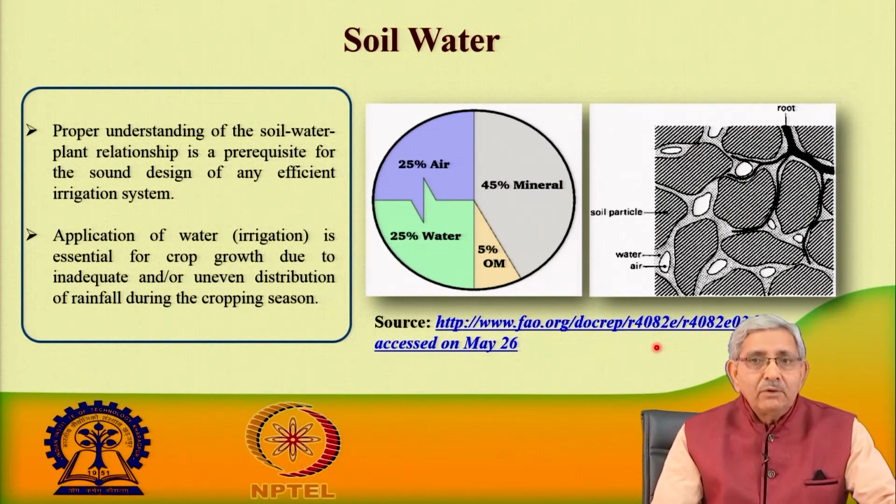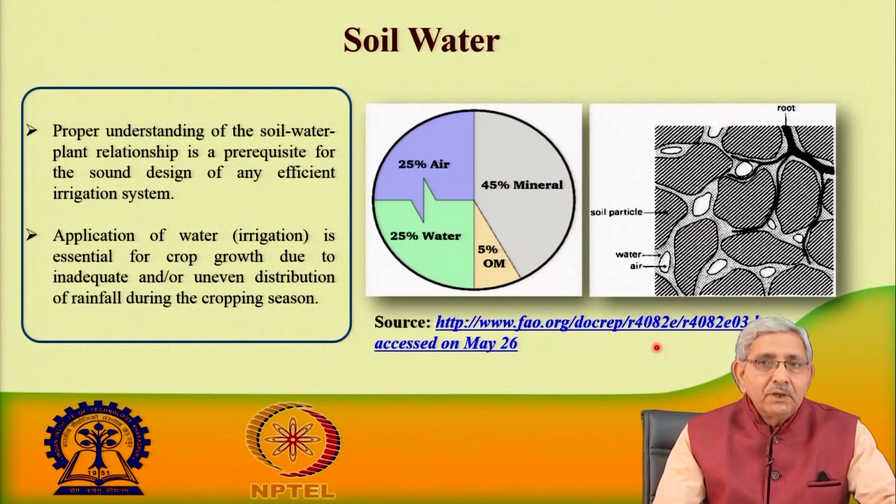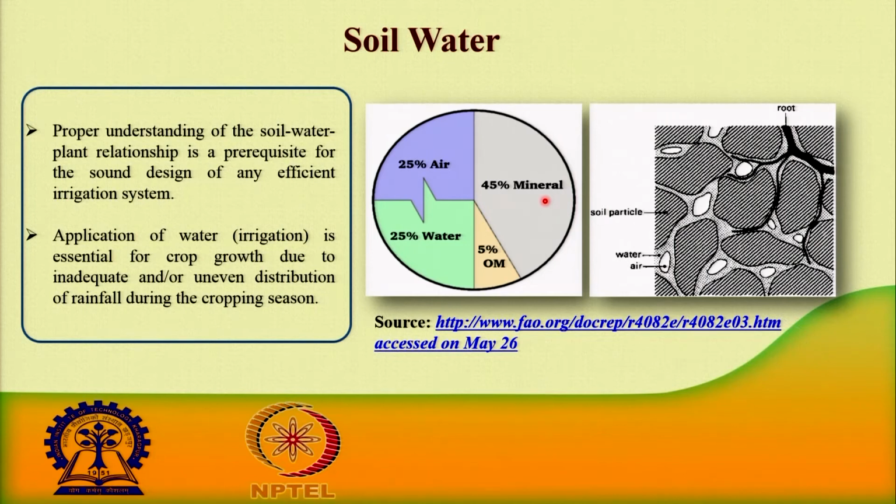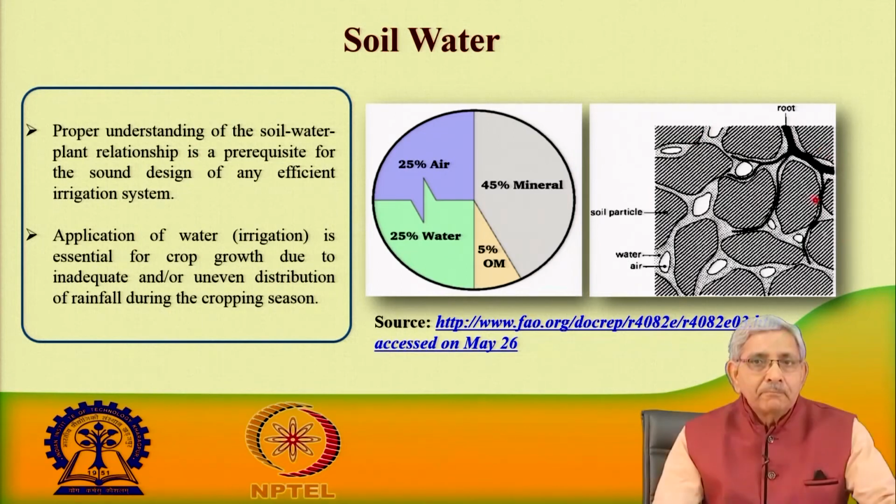Now, the next part: when the soil comes in contact with water, how does it behave? Any soil material consists of minerals and organic matter, and in between the soil particles there are pore spaces. In these pore spaces, water is available as well as air.